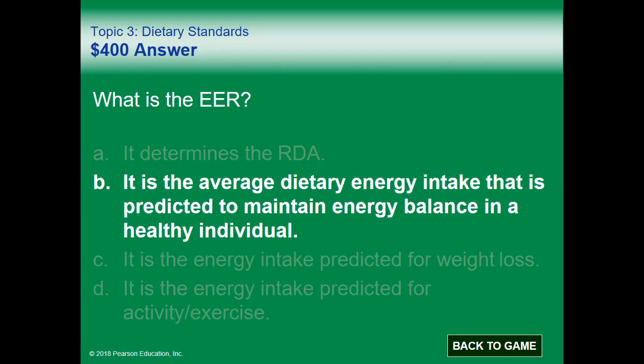So how much dietary energy do we need to intake in order to balance our energy in someone that's healthy?